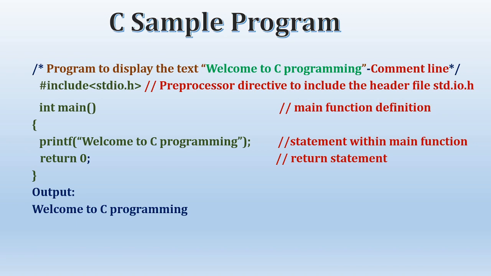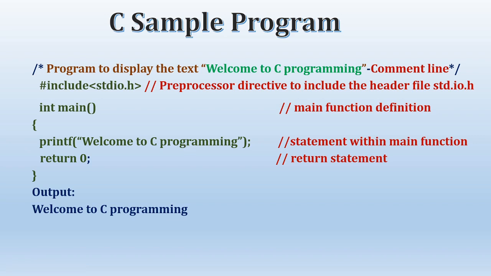A string is basically a sequence of characters terminated by a backslash zero, so that you can read or write the whole character array in one go. This welcome to C programming is a collection of characters enclosed within these two double quotes. So whenever you have such statements in your program, it will be displayed as it is onto your screen.